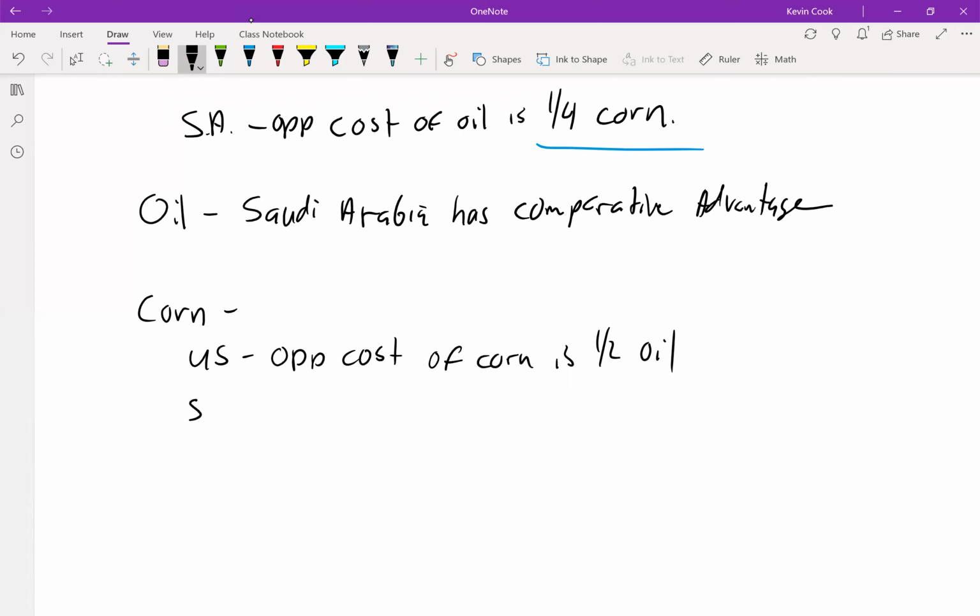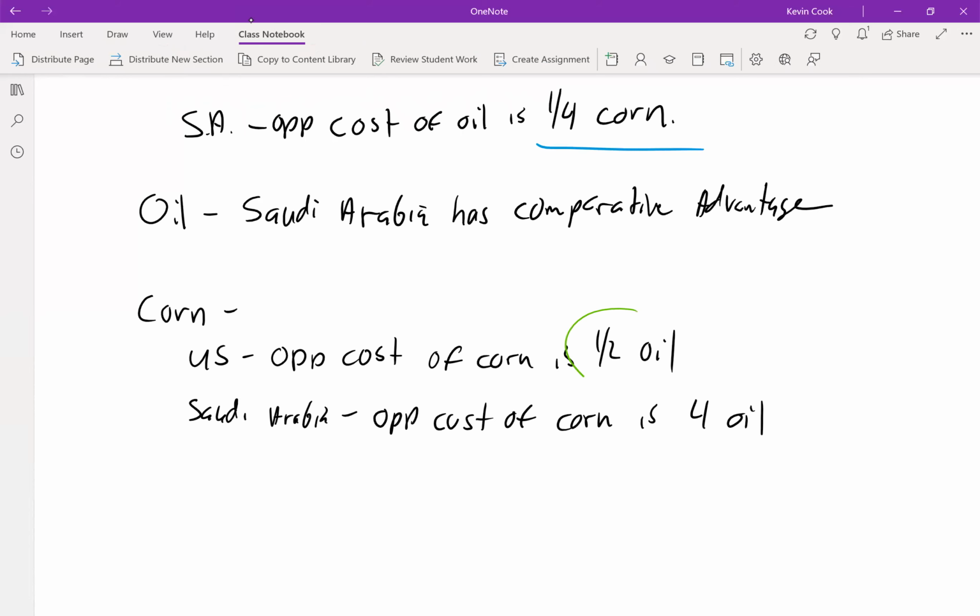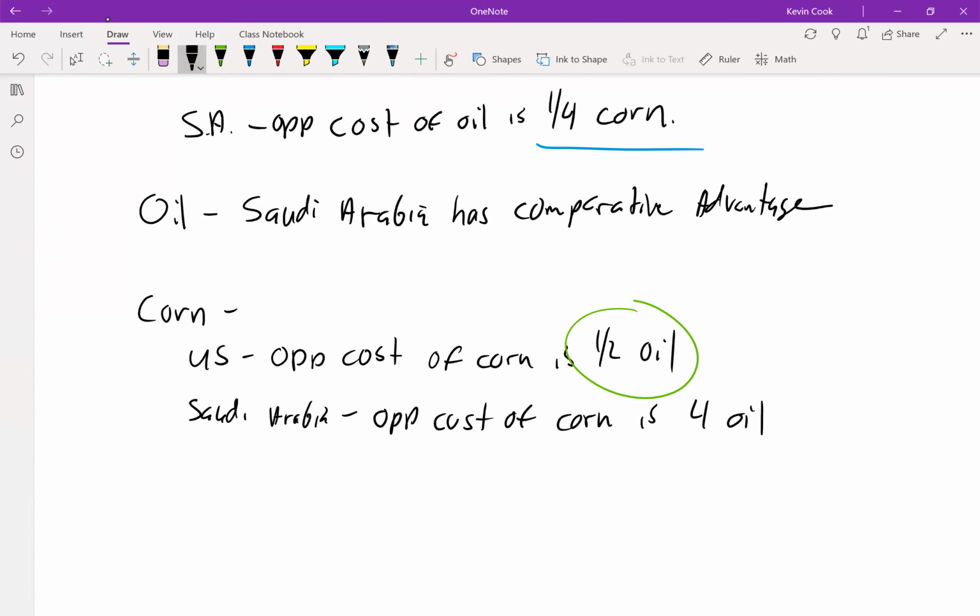And for Saudi Arabia, the opportunity cost of corn will be 1/(1/4), which is 4. So the opportunity cost of corn is 4 oil. In this case, 1/2 is better than 4, so the US has the comparative advantage in corn.